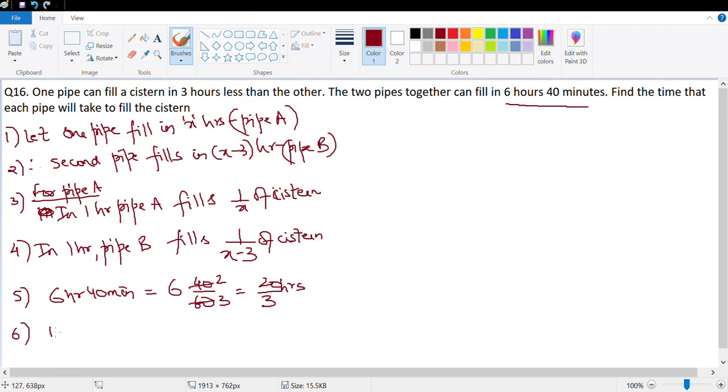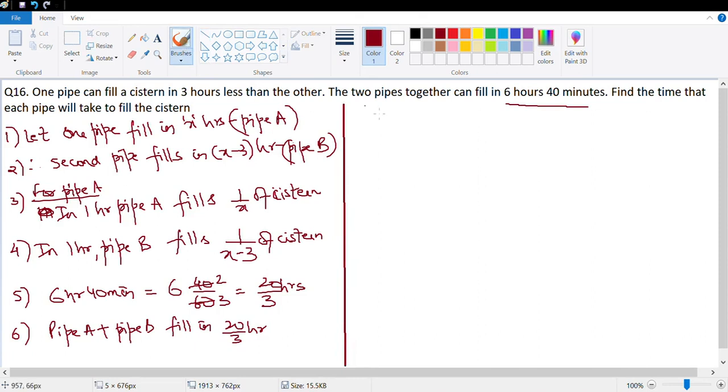So pipe A plus pipe B fill in 20 upon 3 hours, which means in 1 hour, pipe A plus pipe B will fill 3 upon 20 of the cistern.